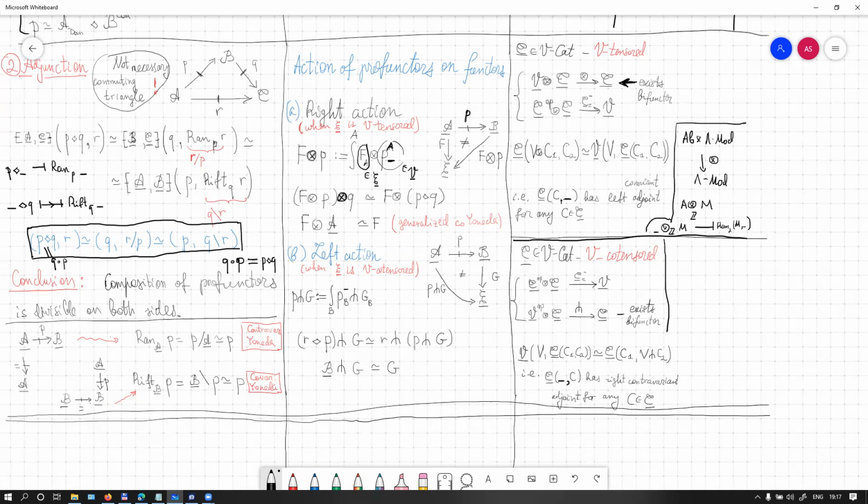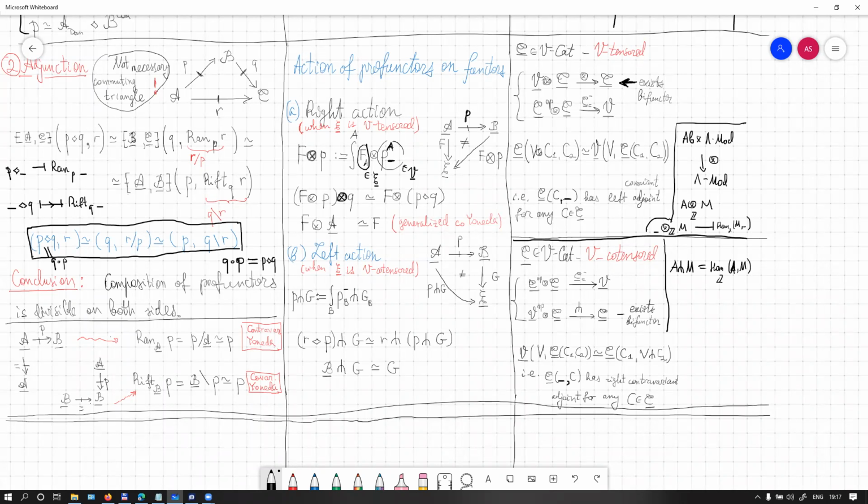I will give you immediately an answer: a cotensor of A and M will be given as Hom over Z from A to M. And of course, then you can see that Hom over Z from blank to M is right contravariantly adjoint to Hom over lambda from blank to M. So this is what our adjunction is all about. Okay, here it's A, not lambda.